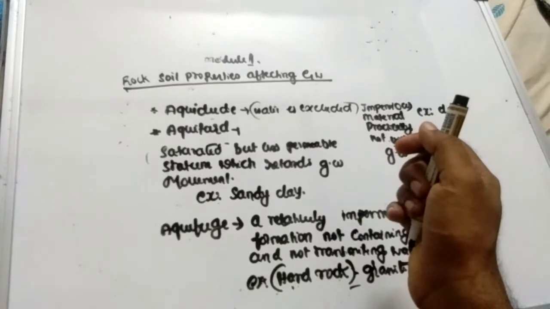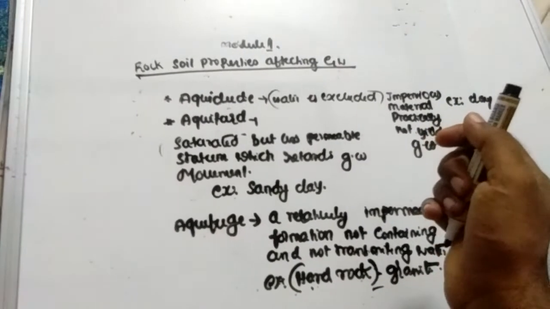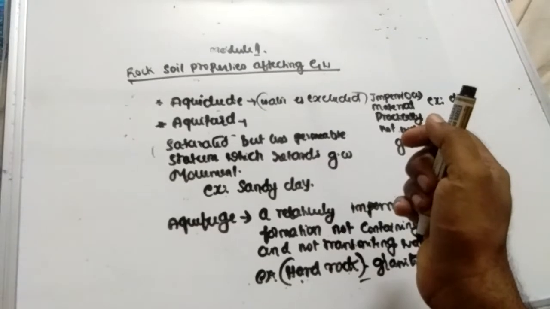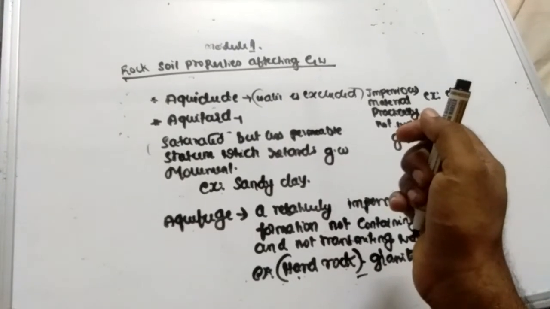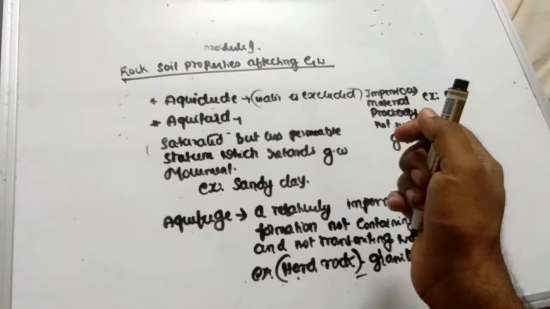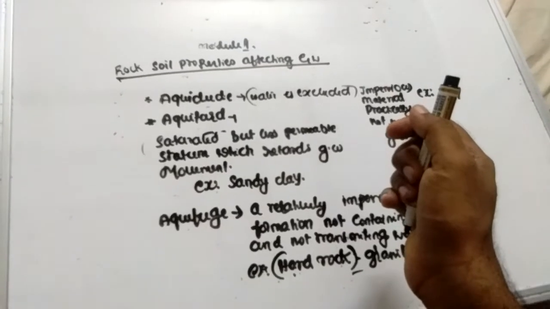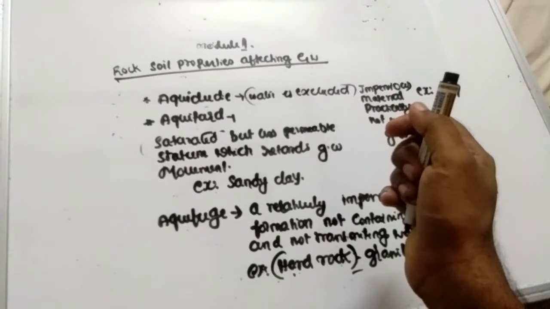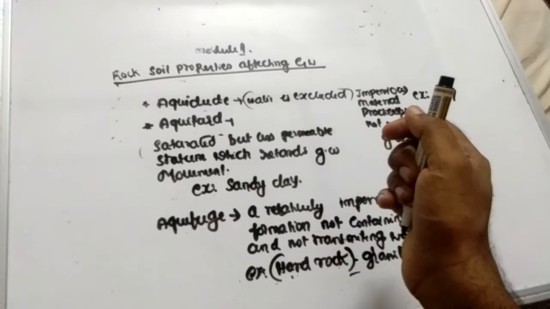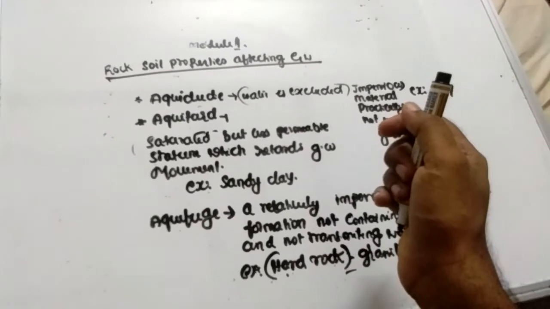These are the four soil or rock formations. Aquifer is the most important in groundwater hydrology, as well as aquitard.